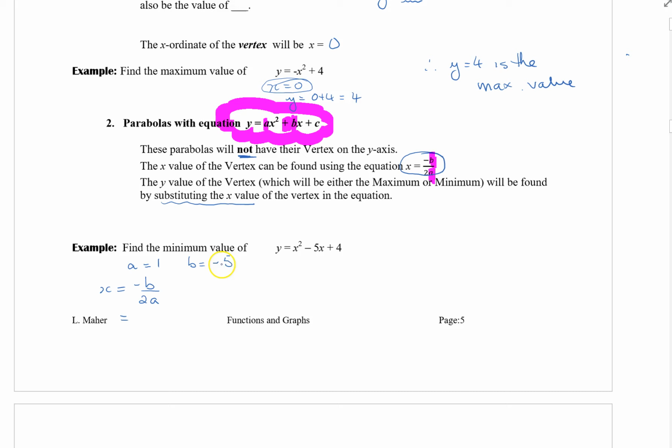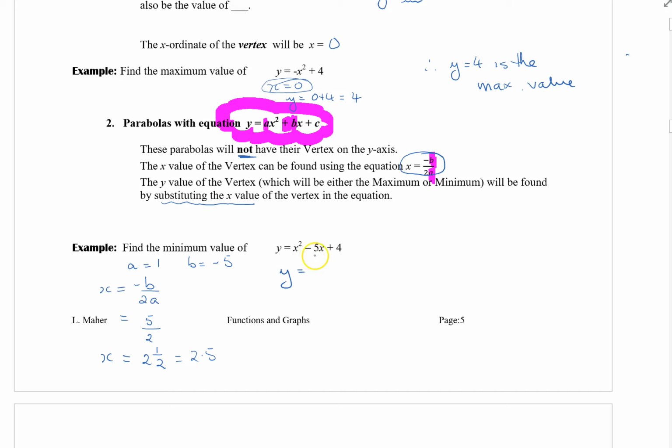Minus negative 5 is plus 5, on 2 times a, which is 2. So it's occurring at x equal to 5 on 2, which is 2.5. I might just write that as 2.5. That'll be easier to use when we come to find our y value.